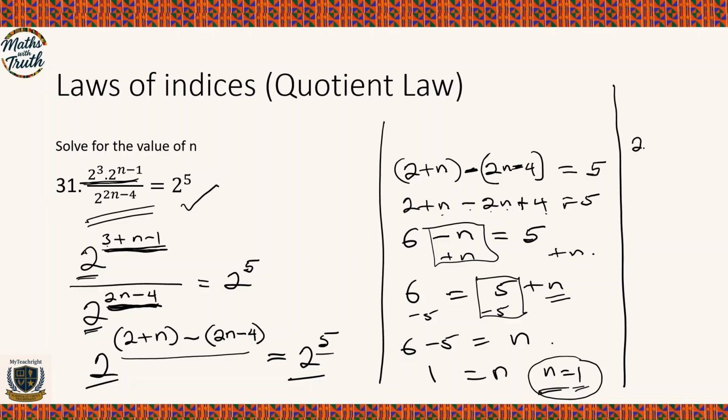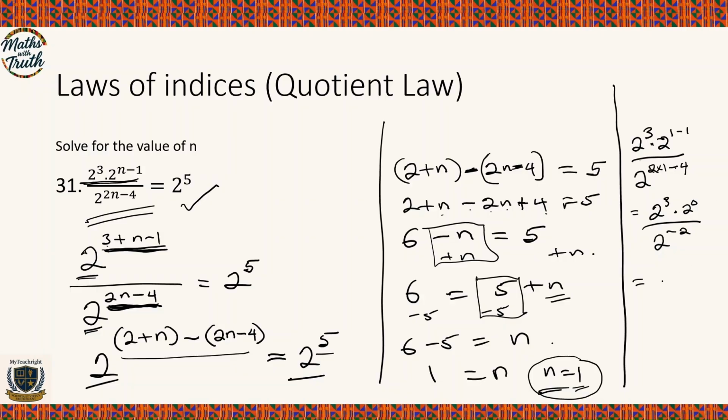We have 2 exponent 3 times 2 exponent 1 minus 1, divided by 2 exponent 2 times 1 minus 4. And that gives you 2 exponent 3 times 2 exponent 0, which is 1, divided by 2 exponent 2 minus 4, which gives you minus 2.